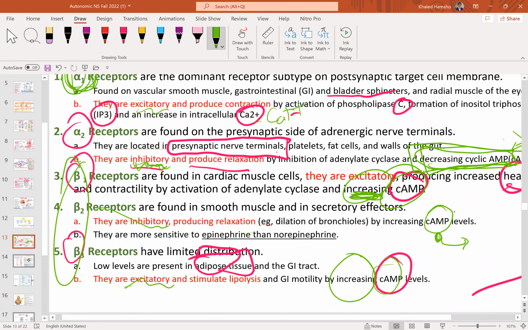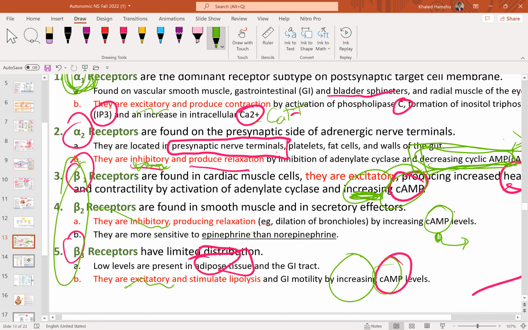So it's only the beta 2 that has the cyclic AMP causing an inhibitory effect. Yeah, inhibitory on smooth muscle. On smooth muscle of the airways? Yeah, the airways, because you need to open up the airways. Okay, thank you. You're welcome.